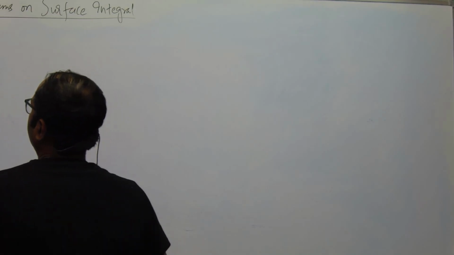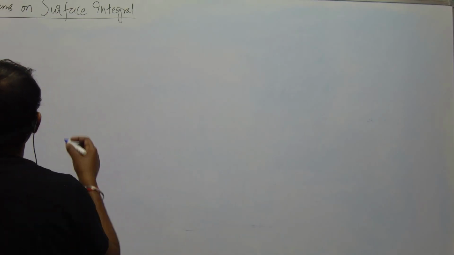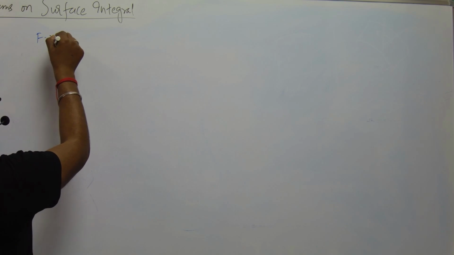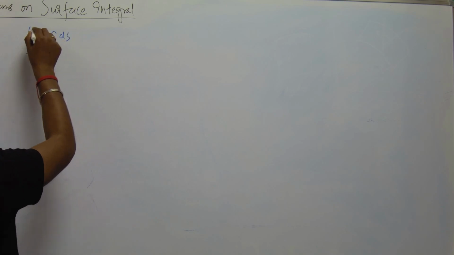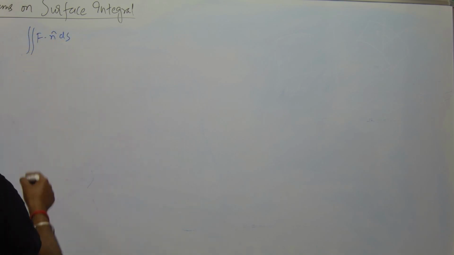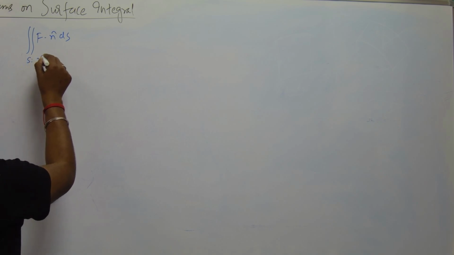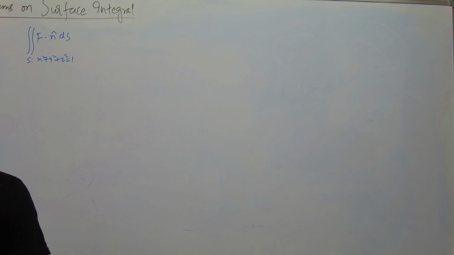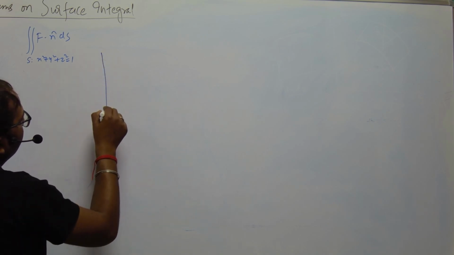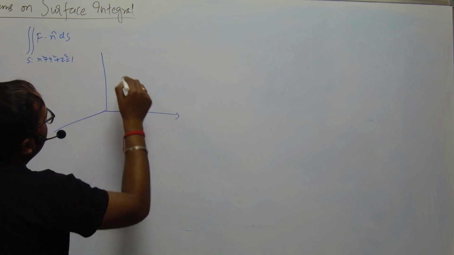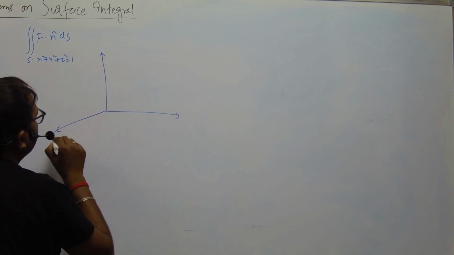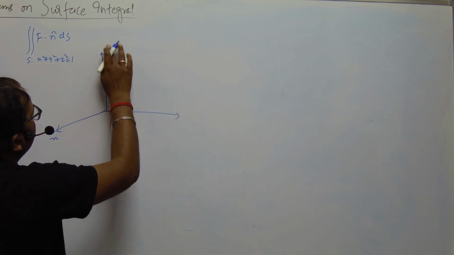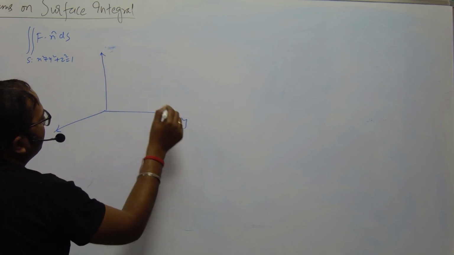So we have to evaluate the integral of F dot n cap ds along the surface. The surface is x square plus y square plus z square equal to 1, which lies in the first octant. Let's take these as coordinate axes. This is x, this is y, and this is z.